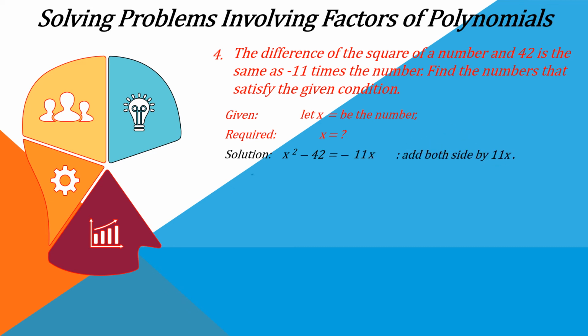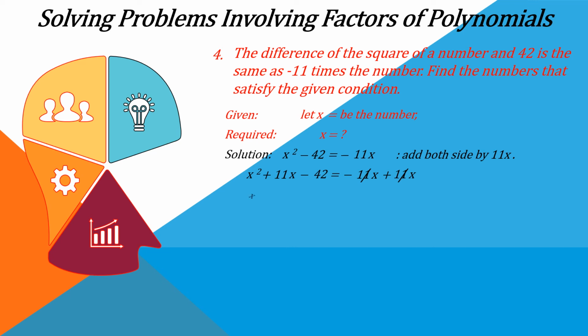Now, let us add both sides by 11x so that we can eliminate negative 11x on the right side of the equation. x squared plus 11x minus 42 is equal to negative 11x plus 11x. Cancel 11x on the right side.